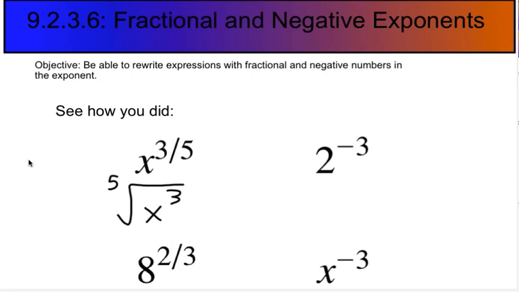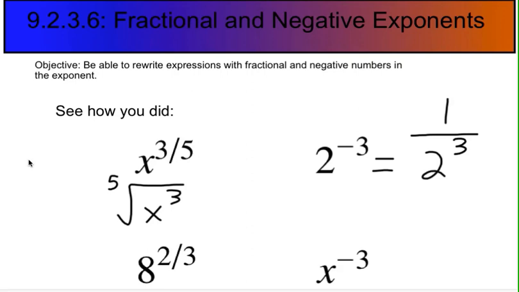That has nothing to do with roots. This is the same thing as 2 cubed, but what does the negative sign in the exponent do? It flips it, so instead of being 2 cubed, it's 1 divided by 2 cubed. If you want to write 1 over 8, that's fine too, but you don't have to do that.